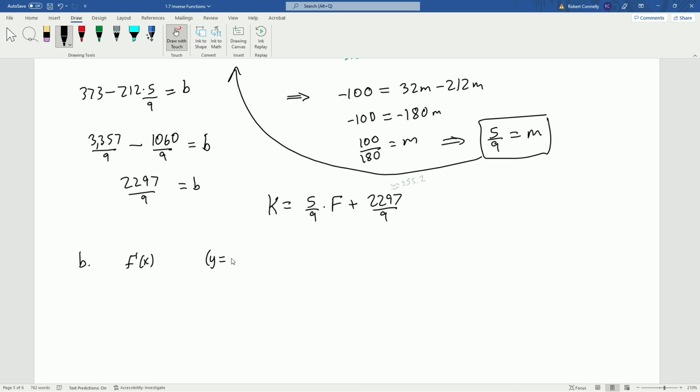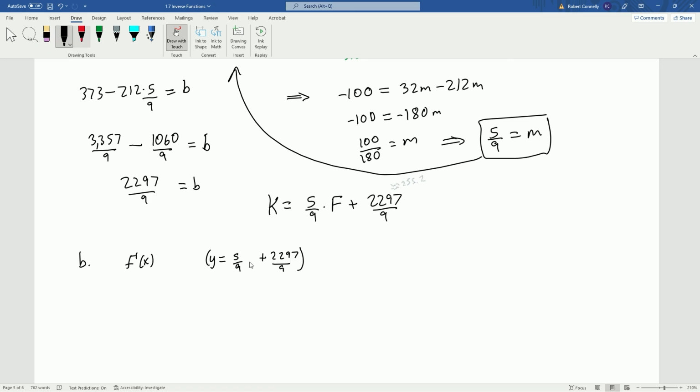So usually we denote x to be our independent variable and y to be our dependent variable. But in this case, k and f specifically represent Kelvin and Fahrenheit, so they should be fixed, right? They're not based on whether it's an independent variable or not. So let's just start by finding the inverse, and then I'll show you what I mean.